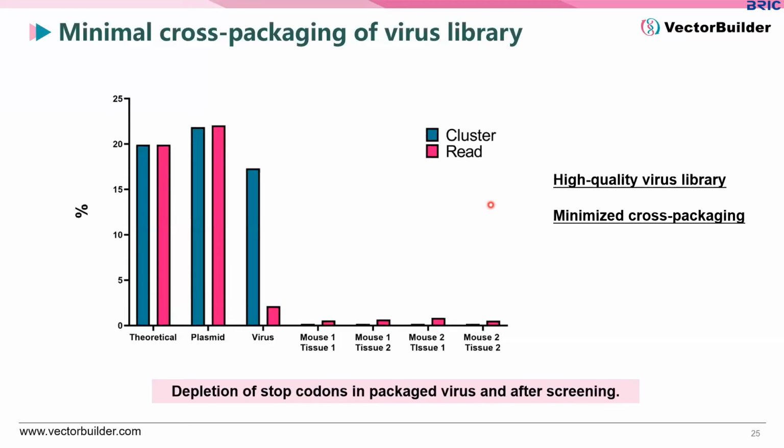Once we have packaged the virus, we do the NGS again and see that there is a depletion of stop codon, meaning that the capsid expressed is actually corresponding to the capsid gene it contains. So in the later stage of this project, you should not see much presence of this stop codon. That is something VectorBuilder can do.